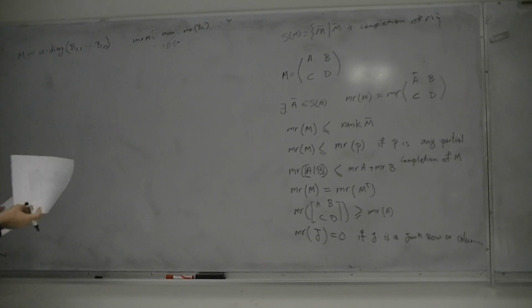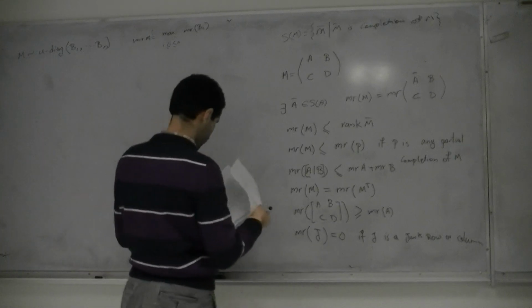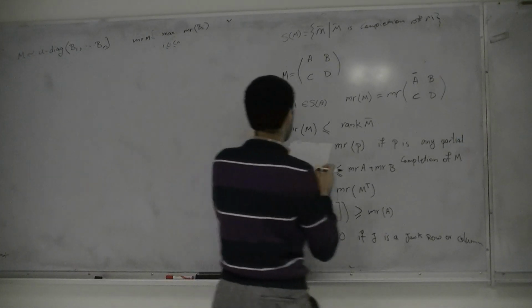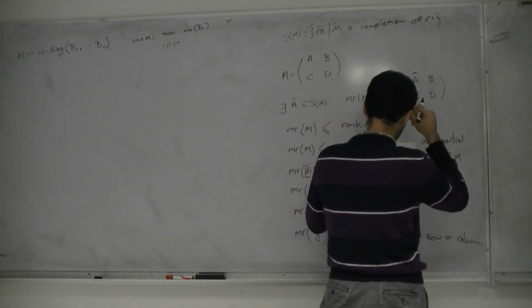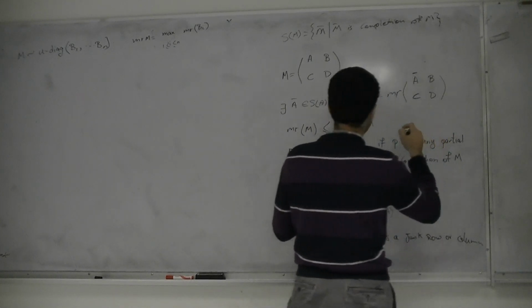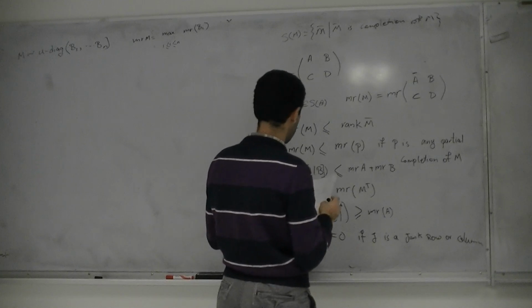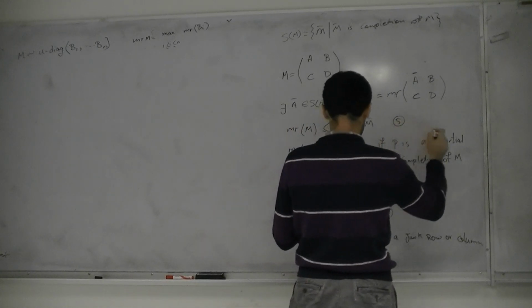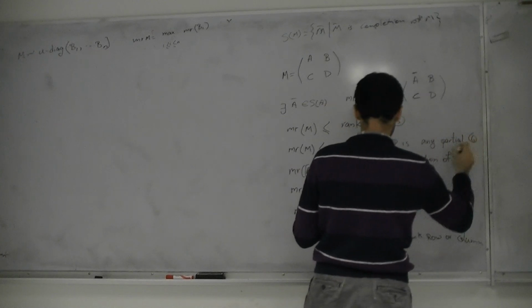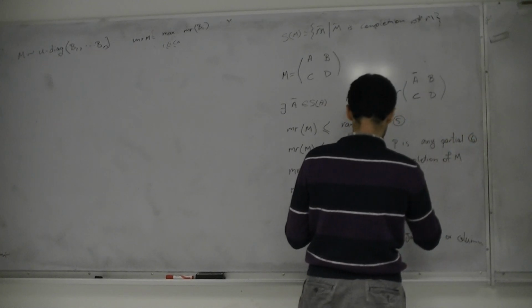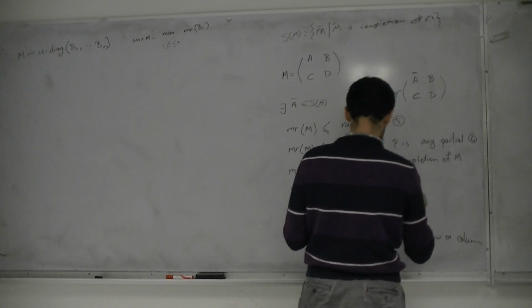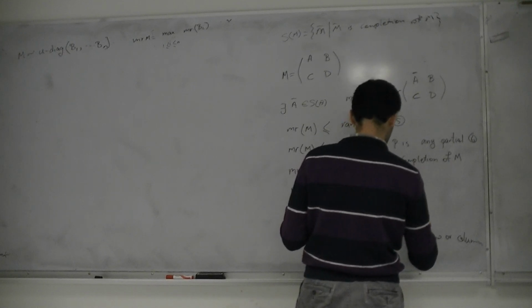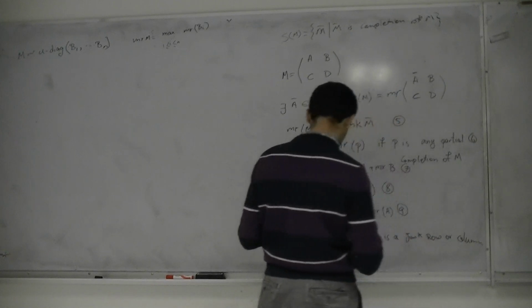Let me write it down, some numbers here, for example, this one is 5, 6, 7, 8, 9.